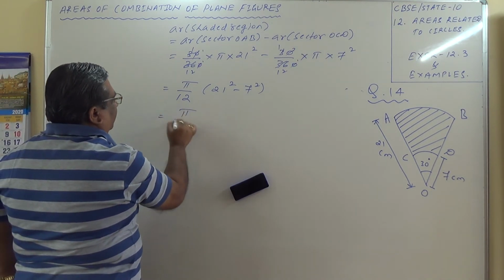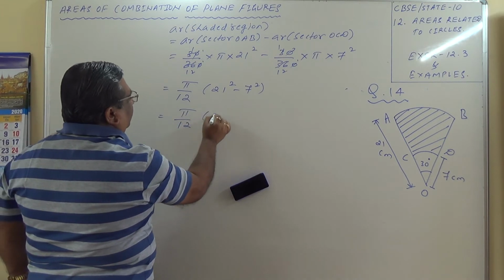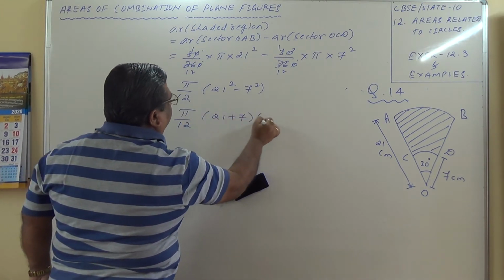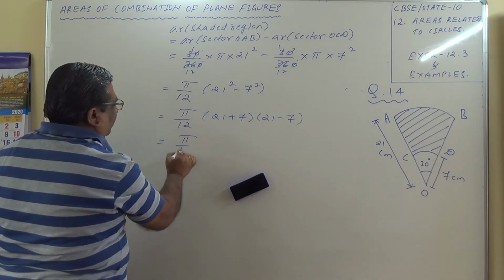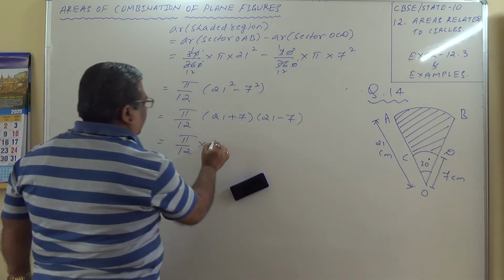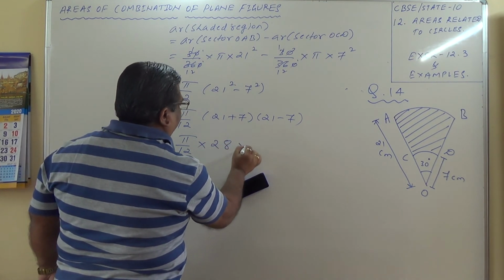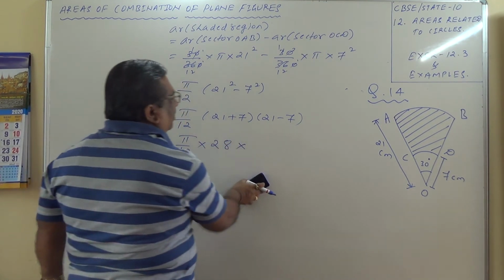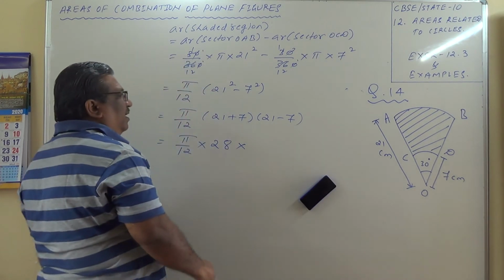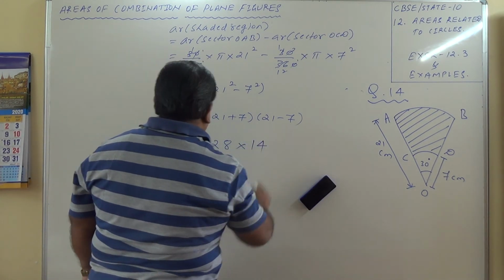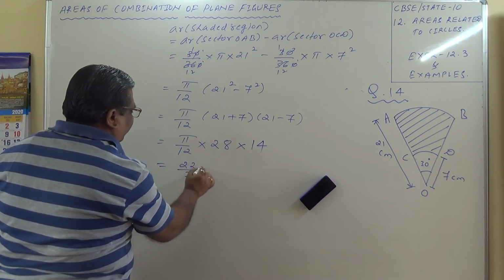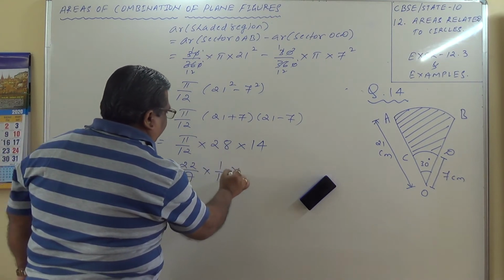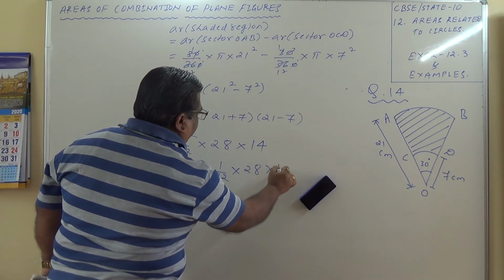Pi by 12 into 21 plus 7 into 21 minus 7, which equals pi by 12 into 28 into 14. Is that clear? So now once again, pi is 22/7 into 1/12 into 28 into 14.